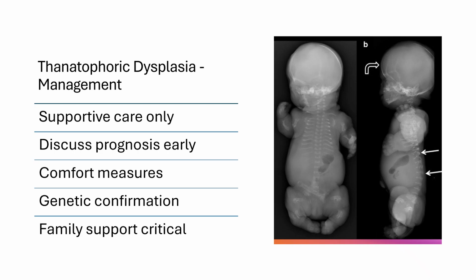This information becomes crucial for family planning decisions and helps ensure appropriate prenatal care in subsequent pregnancies. Perhaps most importantly, recognizing that family support is critical acknowledges that your care extends beyond the affected baby to include parents, siblings, and extended family members who are all processing this tragic situation together.